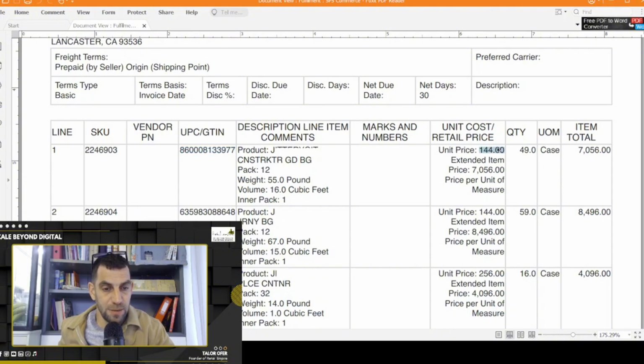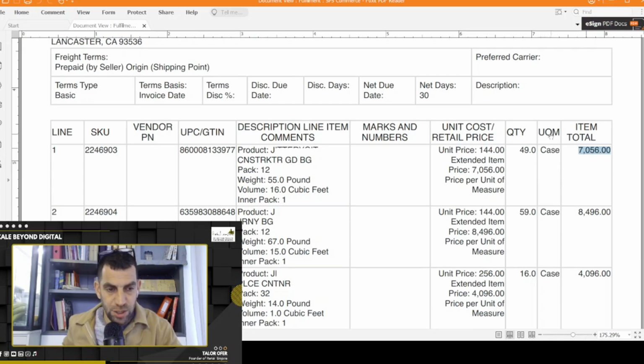Unit price is $144. This is the retail price, not the wholesale price. Is it? Yes, no, it's the cost. I'm sorry, this is the cost. And then you have quantity 49. So the total for the item will be 7,056, which is what they are going to pay you.